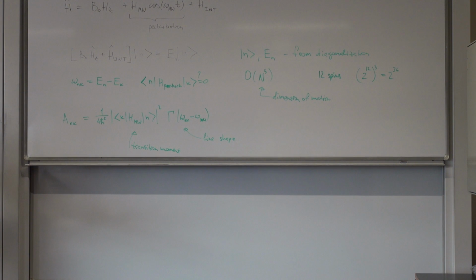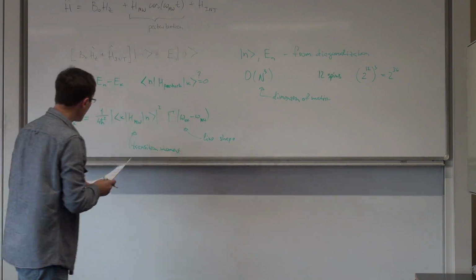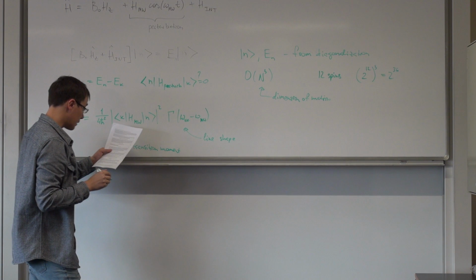Note, however, that this is the transition probability between level n and level k. In a complete system, we must take into account all transitions between all possible pairs of levels, and so if we are to look at what the spectral intensity actually is at a particular field, we must take a sum over all of these. And so these things implicitly depend on the applied magnetic field.